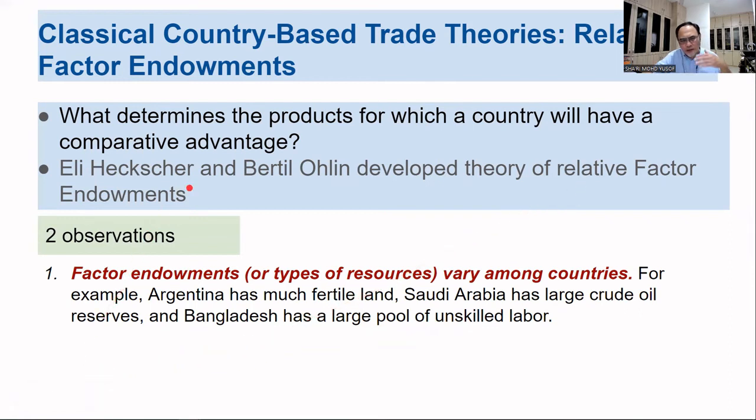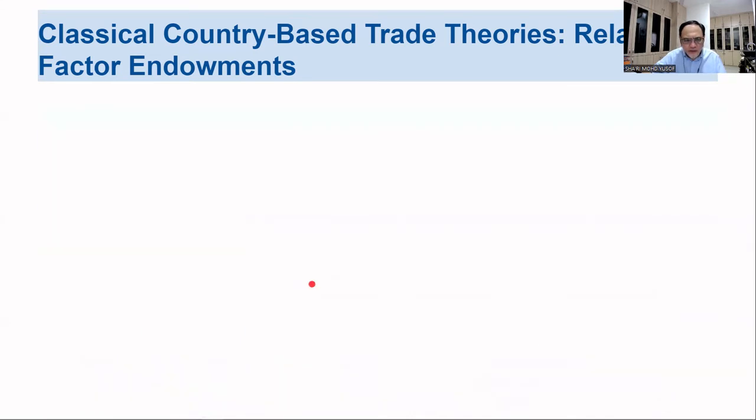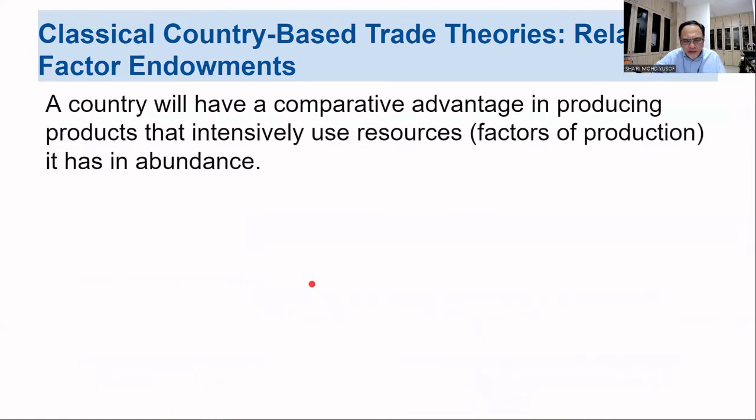So imagine we're trying to think which goods or products to export and import. Goods differ according to the types of factors used to produce them. For example, wheat requires fertile land, oil production requires crude oil reserves, and apparel manufacturing requires skilled labor. From these observations they developed this theory.